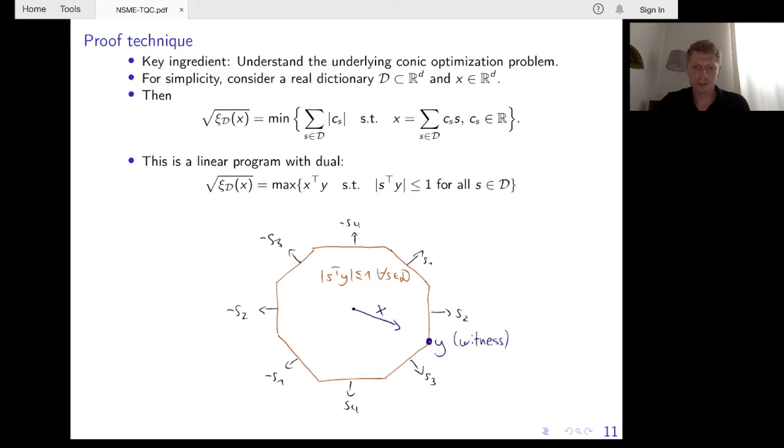So you simply maximize in the direction of x over this polyhedron, where the facets are given by the words of the dictionary, respectively minus the words of the dictionary. And then you will end up in some vertex or some point on the boundary when you optimize in this direction. And this optimal y here, especially in quantum computation, is usually called a witness.